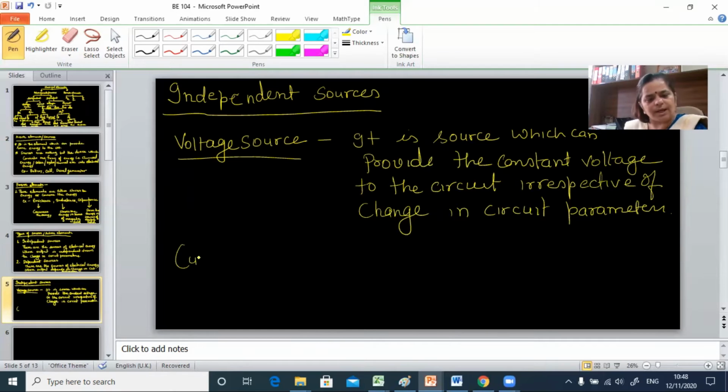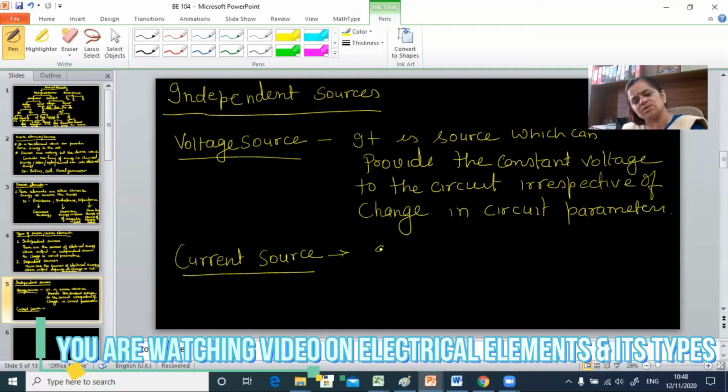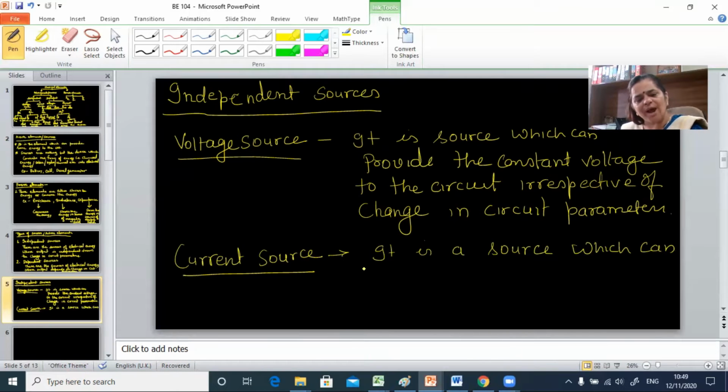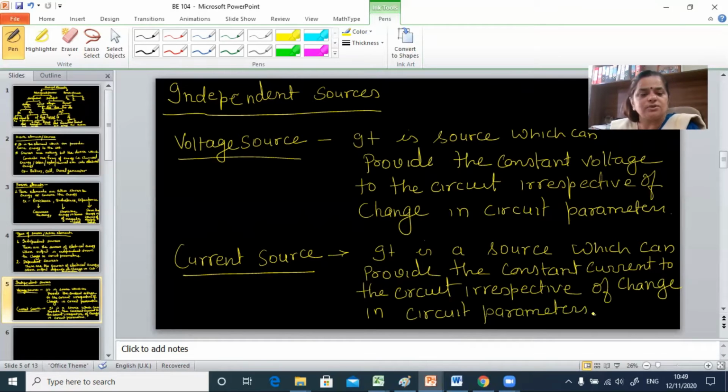Next is the current source. As the name indicates, it is a source which can provide a constant current to the circuit irrespective of change in circuit parameters. So that is the current source.